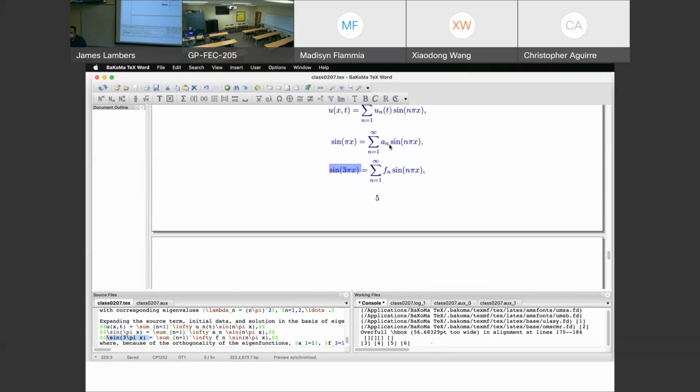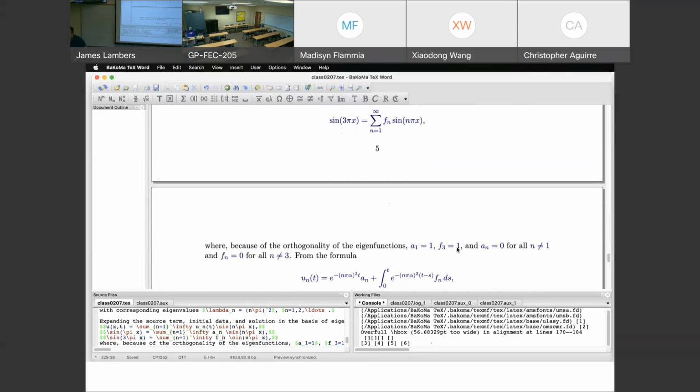All other a's are 0. Similarly, F3 is equal to 1. All other f's are 0. I have that summarized right here. So there's only 2 non-zero coefficients.